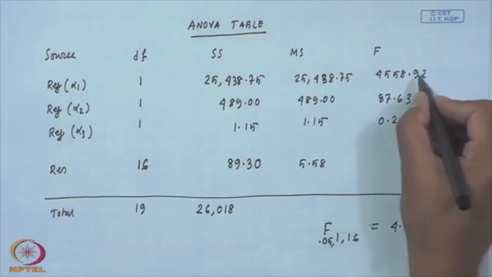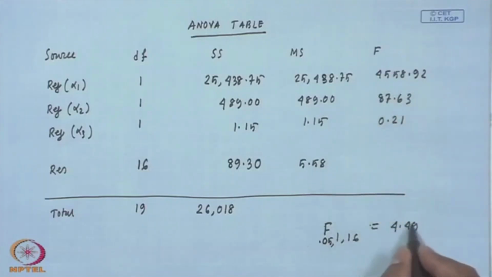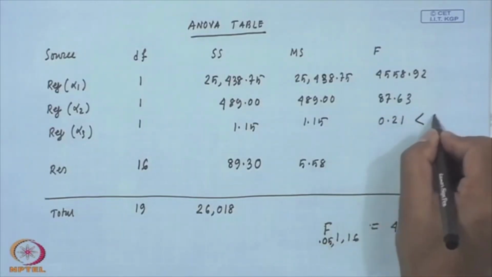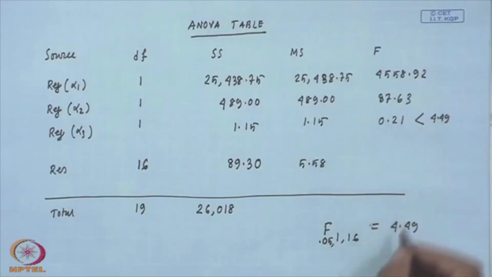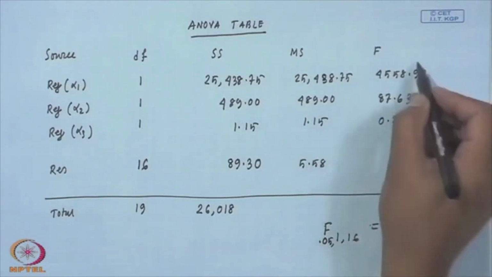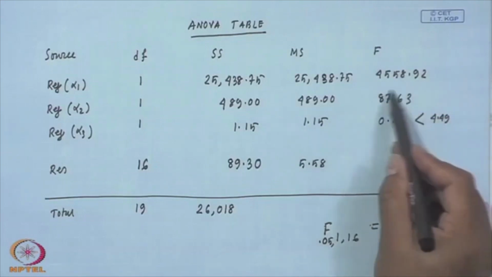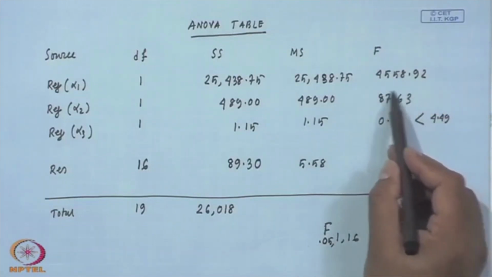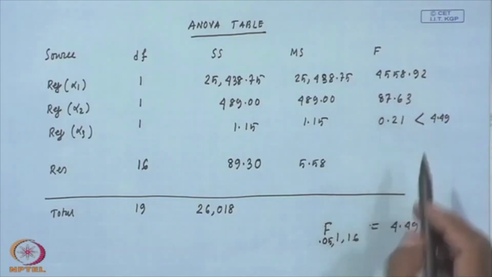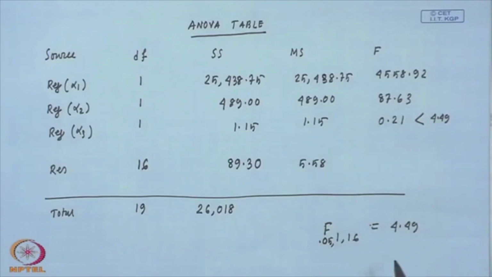You can see that this one is much larger than the tabulated value, this one is also much larger, but this one is smaller than 4.49. The meaning of this is that alpha 1 is significant, and alpha 2 is also significant because the observed F value is greater than the tabulated F value.